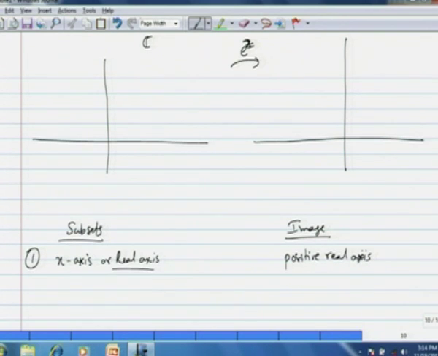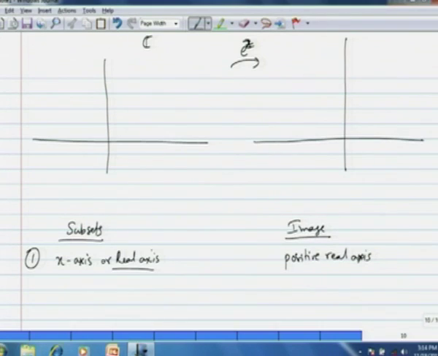Okay. So, the real exponential function is 1 to 1 and onto the positive real axis when you restrict to the real numbers. Okay. So, the image is the positive real axis. Okay.